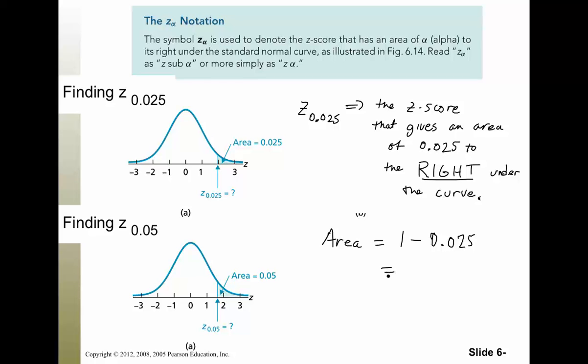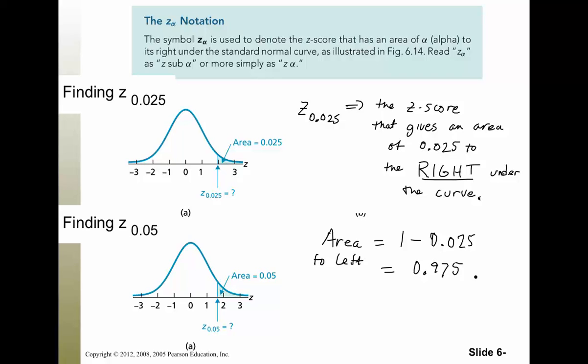So the area to the left, you can do it in your calculator, is 0.975. So now we're trying to determine the z-score that corresponds to that area to the left. That's what z sub 0.025 is. The z-score has the area to the right, so our area to the left is 0.975.